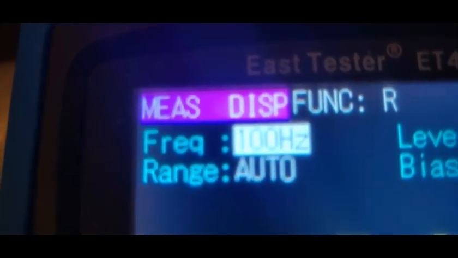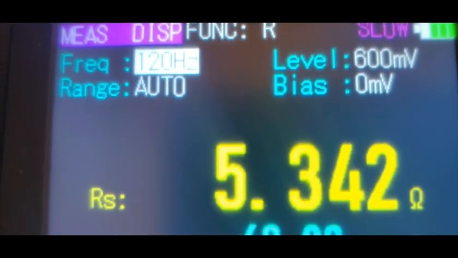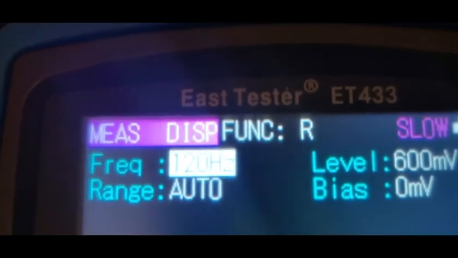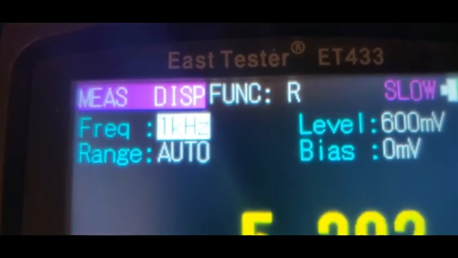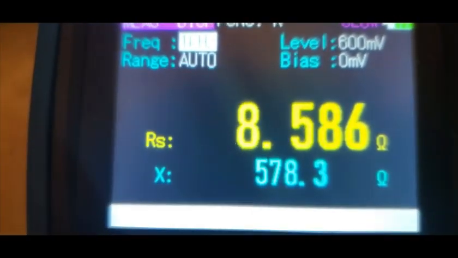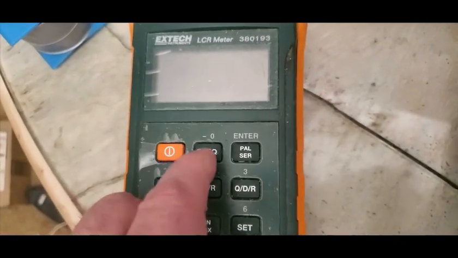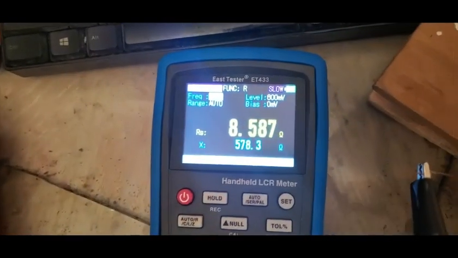So we can change the frequency, 120 hertz, same, 1 kilohertz, 8.6. Now when I had this meter hooked up, it was at 120 hertz or at 1 kilohertz. I was seeing about the exact same thing.